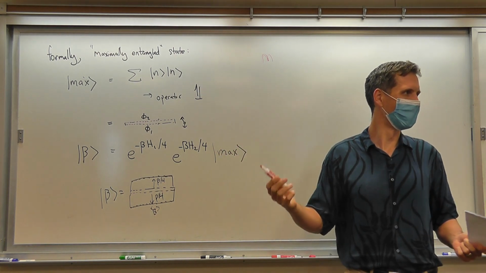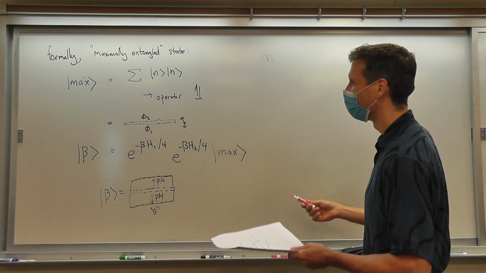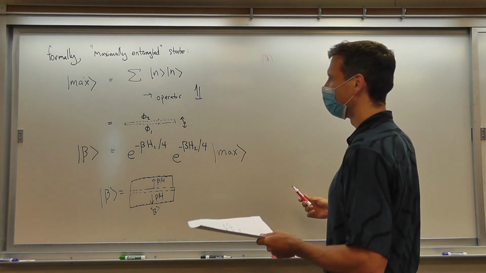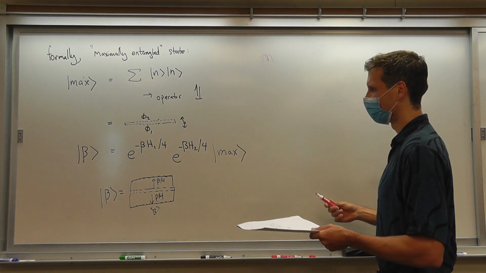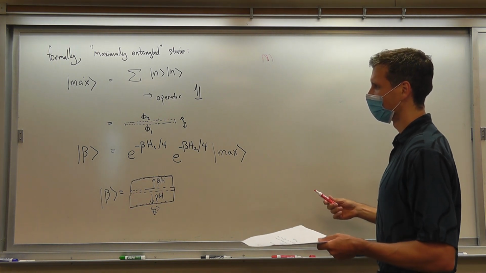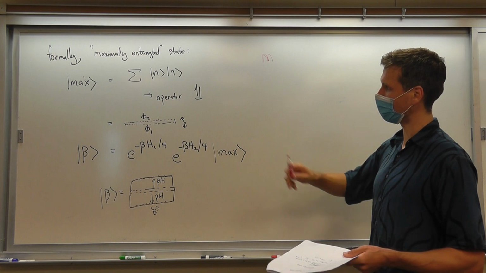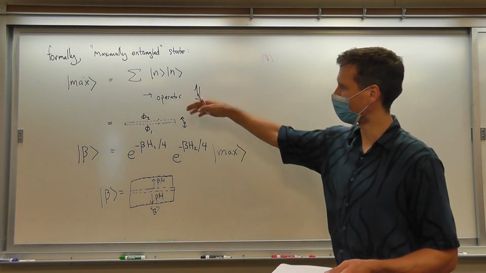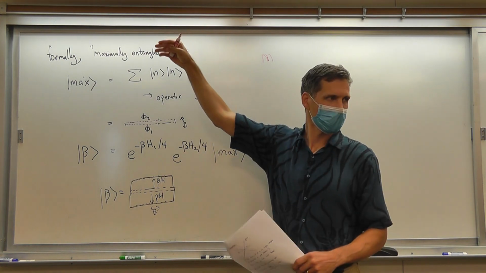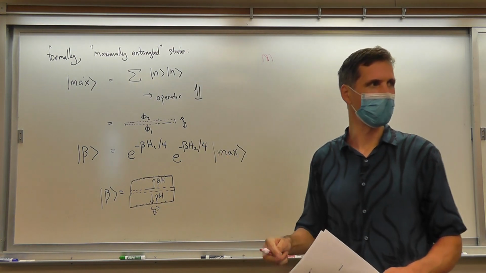I'm just saying, the maximally entangled state is just like a superposition of all of the states. One of them is the ground state, and if you send both betas to infinity, that's going to be the one that survives from those exponentials. Oh, you mean the 0, 0 state? Yeah, that's true. If you send these very far apart, but you keep the cuts, you'll have the 0, 0 product state. That's right.